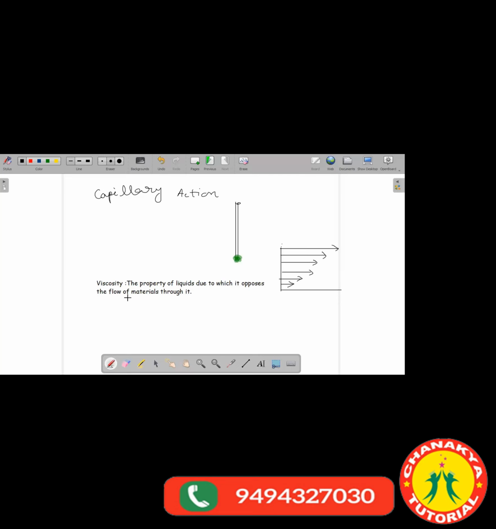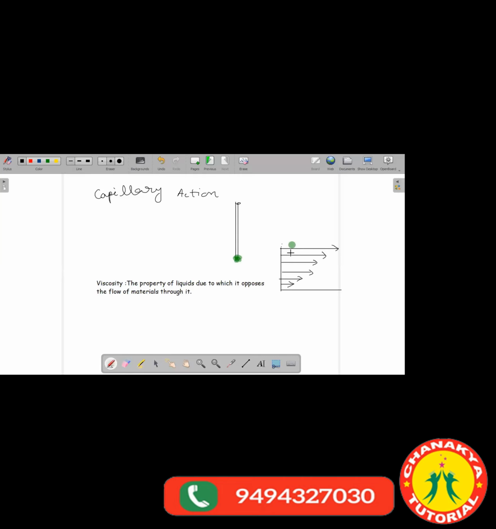Okay. Viscosity is not only for liquids, it is for all fluids, even for air. So air also acts as a viscous medium. That means if any substance passes through a fluid, suppose this is your liquid, and in this liquid you drop a ball from here. What will happen? This ball will move downward, but the upper layer will try to oppose its downward motion.